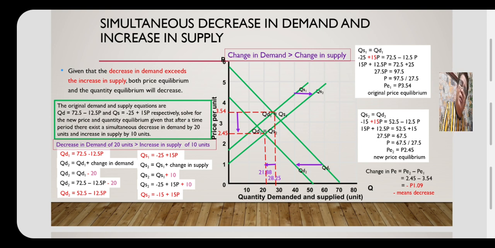So there is an opposite movement in demand and supply. The demand curve shifted to the left because of the decrease in demand, while the supply curve shifted to the right because of the increase in supply.